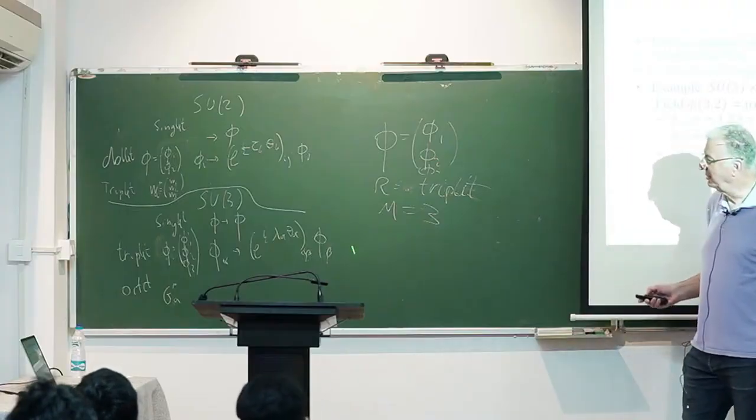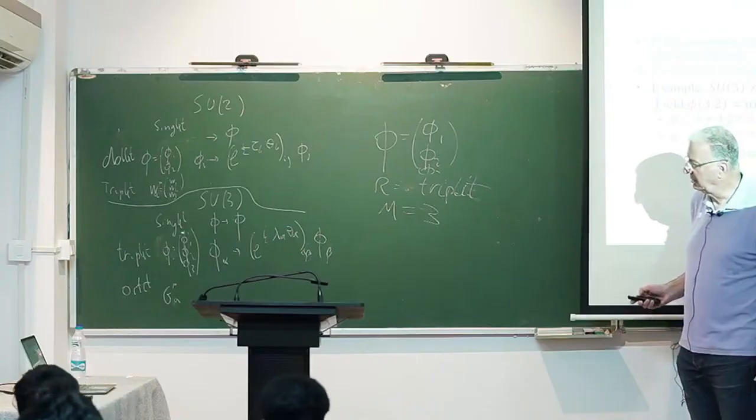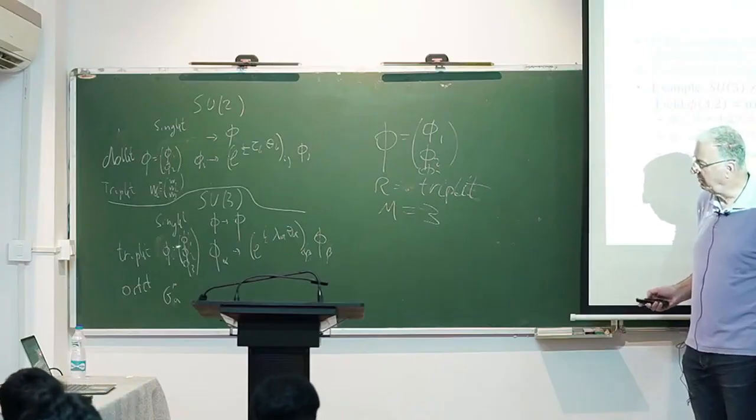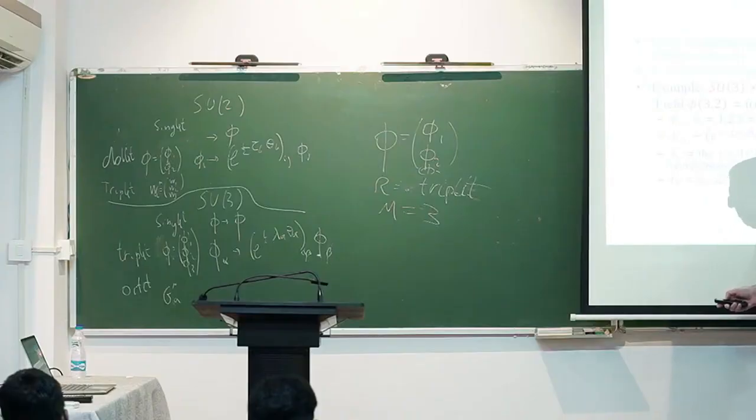All standard model fields under SU(3) are either singlets, phi goes to phi, nothing happens to it, or a triplet, with 3 components, phi 1, phi 2, phi 3, and phi_alpha, alpha goes from 1 to 3, goes to e^{i/2 lambda^a theta^a}_{alpha beta} phi_beta.